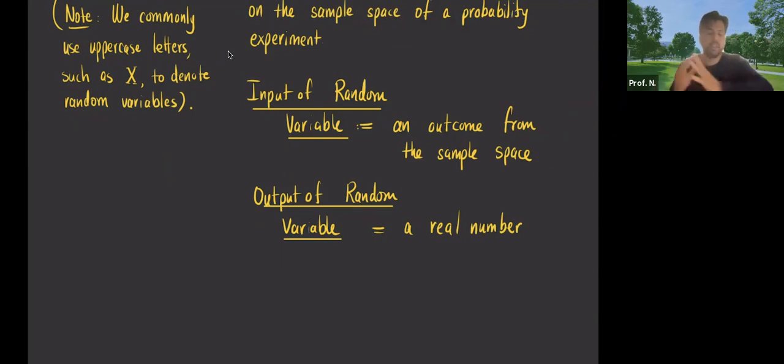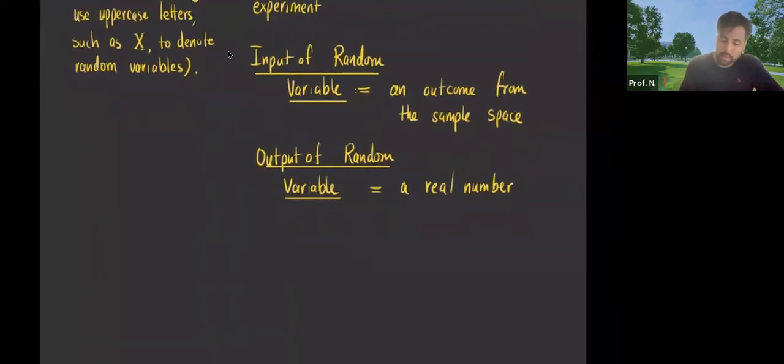And that assignment of a number to an outcome depends upon the probability experiment itself. For more of a pictorial view of this, we can use a machine diagram for functions.